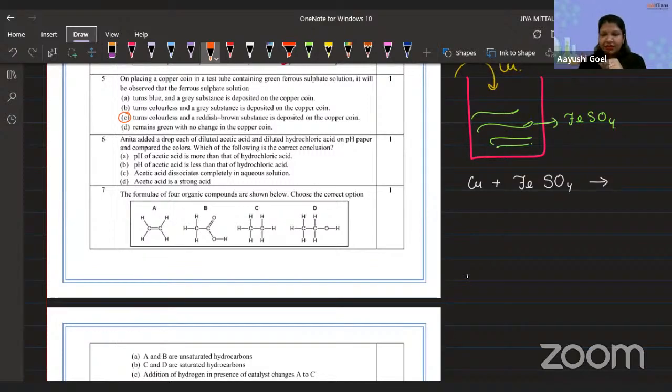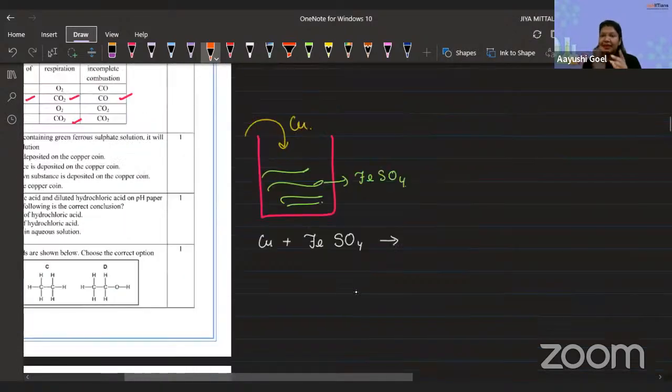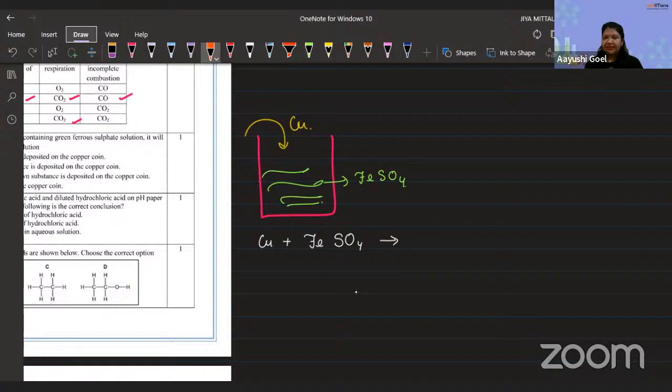Yes, Dhruv, there is a reactivity series which we learned when we were learning displacement reactions in metals and non-metals: the reaction of a metal with another metal. In that case, you will find that iron is more reactive than copper. Therefore, copper doesn't have the capacity to displace it. So there will be no reaction.